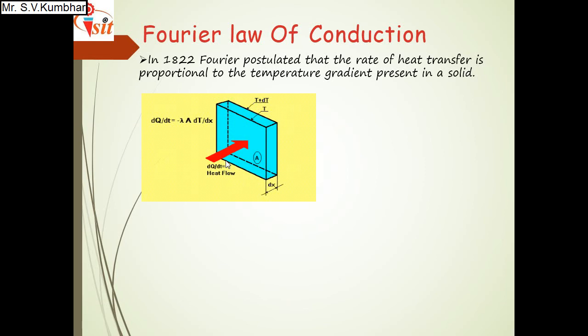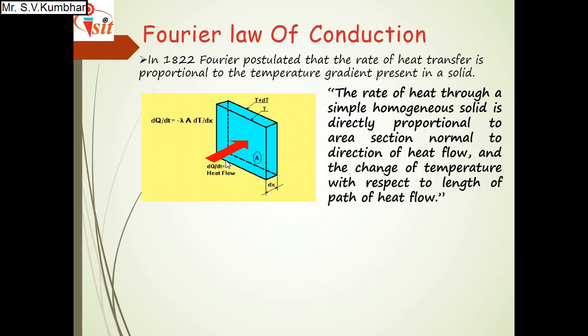According to Fourier's law of heat conduction, the rate of heat flow through a simple homogeneous solid is directly proportional to the area normal to the direction of heat flow and to the change of temperature with respect to the length of the path of heat flow. In mathematical form, we can write Q conduction is equal to minus K A dT upon dx.